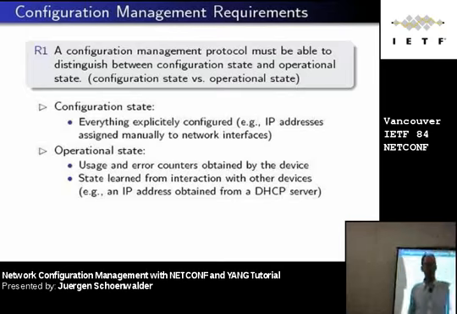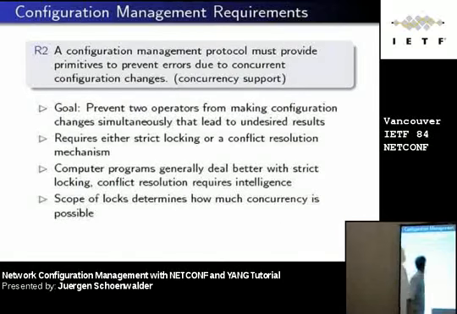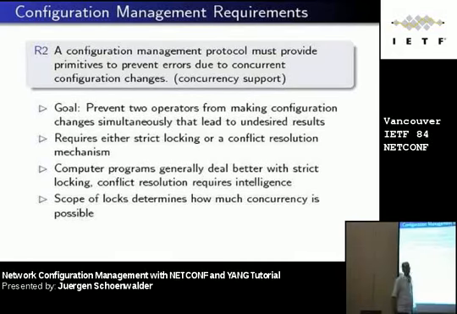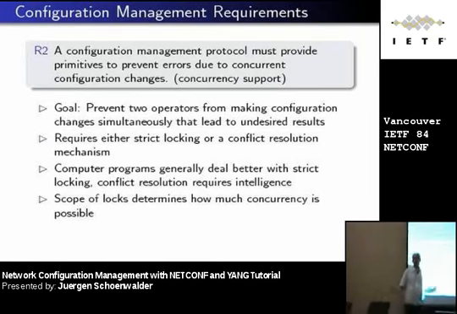The second requirement talks about concurrency support. Our configuration protocol must support primitives to prevent errors due to concurrent configuration changes. Configurations on boxes are not changed by one person or one application at a time. If you look at bigger boxes, there are actually multiple things going on, multiple applications provisioning different parts of the configuration that sits on the device.